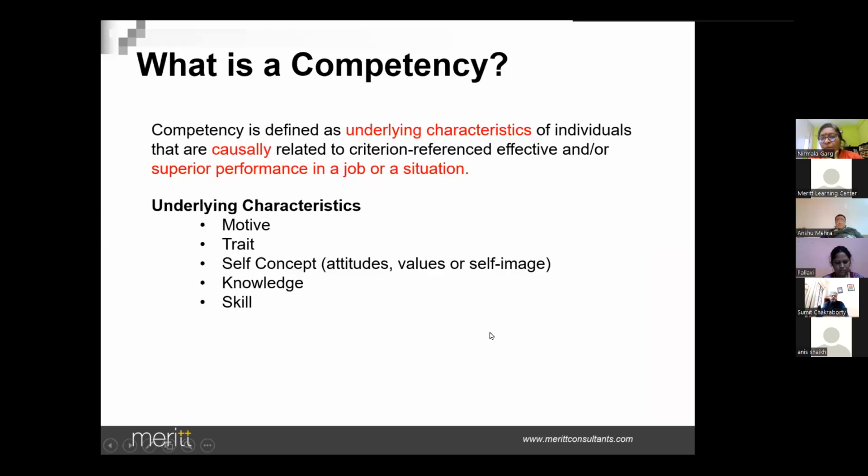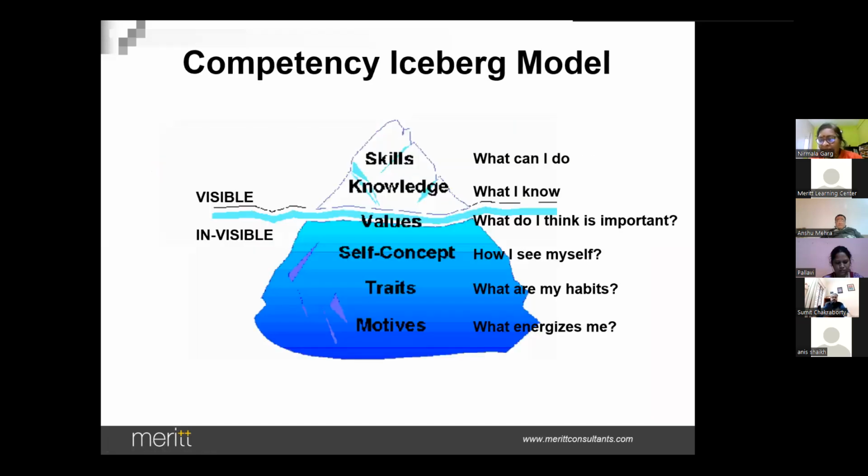When you talk about competencies, this classic iceberg model comes into the picture. I'm sure all of you have seen it 100 times. A lot of you are seasoned professionals who know this iceberg model of competency. But why do we use this metaphor? I want to elicit some views from you.